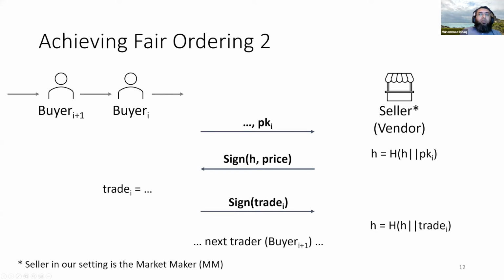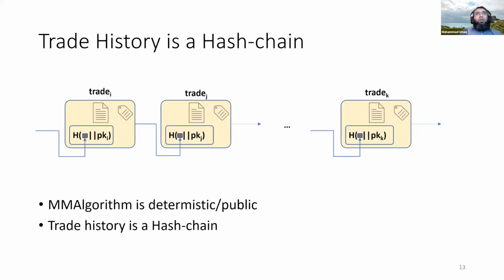Good. And at that point, we go to the next buyer. So this gives rise to a hash chain. So this trade history is now, if the hashing function is collision resistant and the market maker is polytime, he has no way to rewrite this, right?